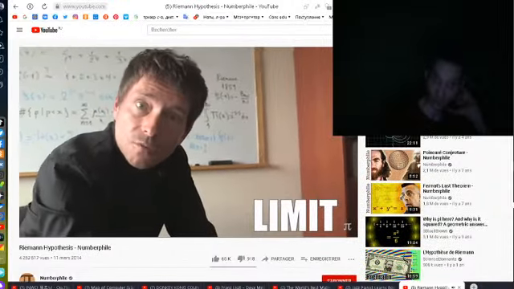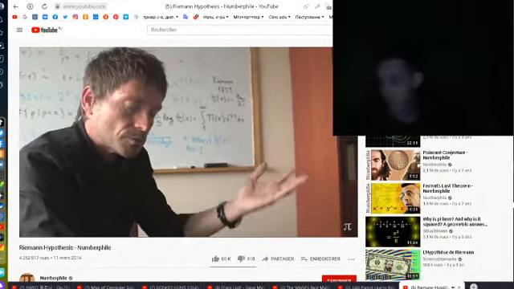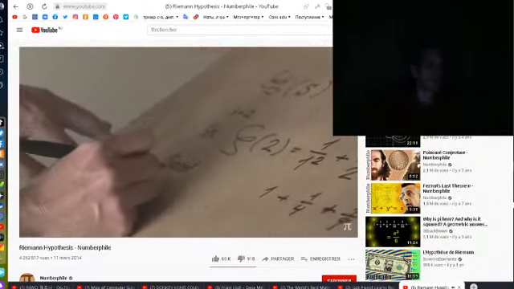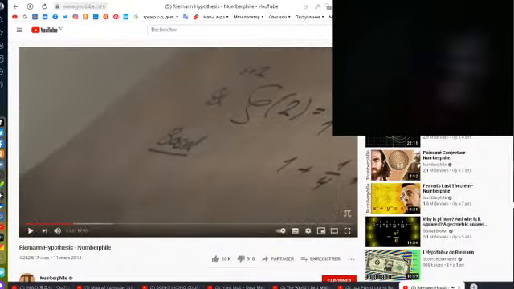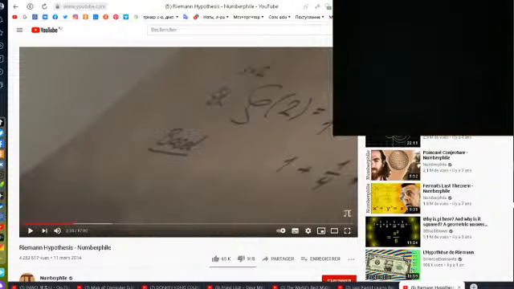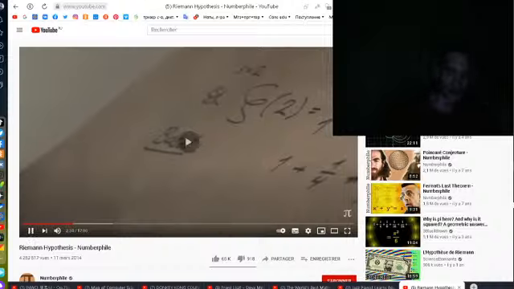But the limit here is actually very interesting. And it has been a famous problem in mathematics to find that limit. It's called the Basel problem, named after the city of Basel in Switzerland.